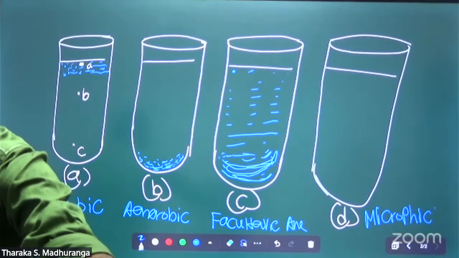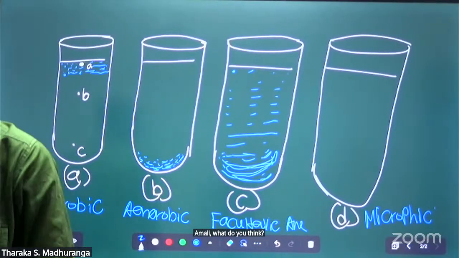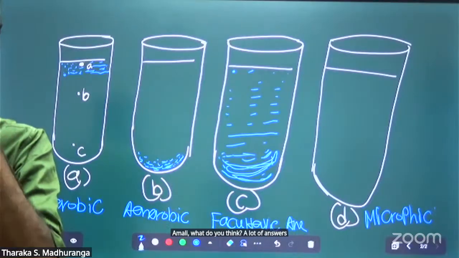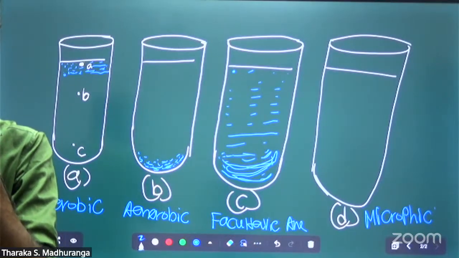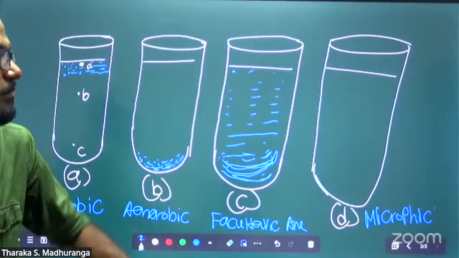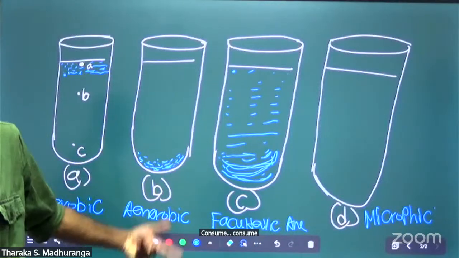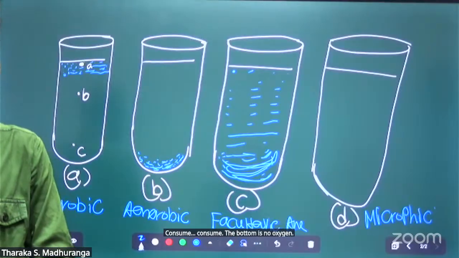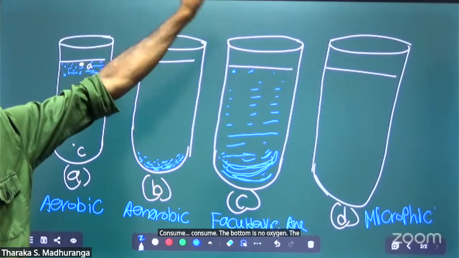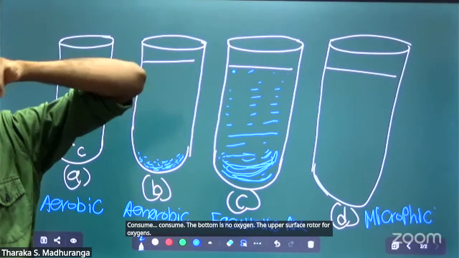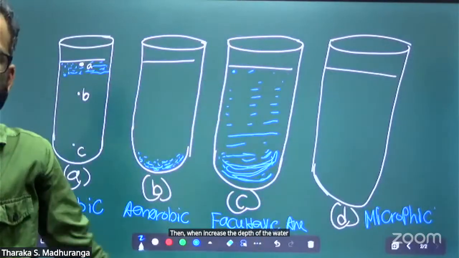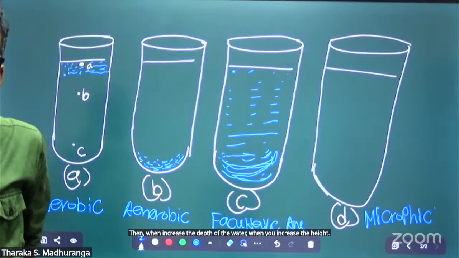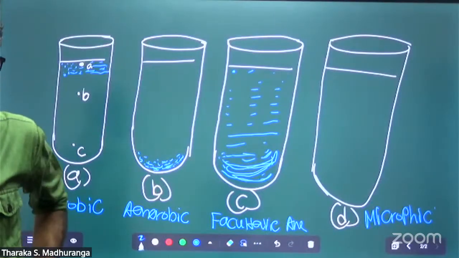A lot of different answers. Consider that the bottom has no oxygen and the upper surface has a lot of oxygen. Then as the depth of the water increases, the oxygen level decreases.